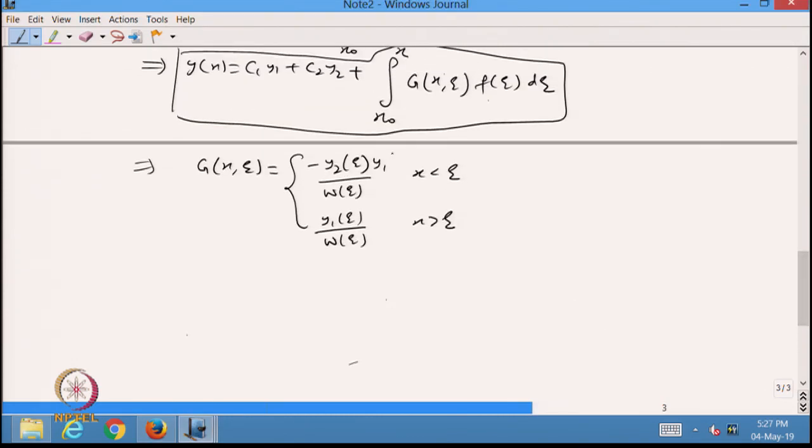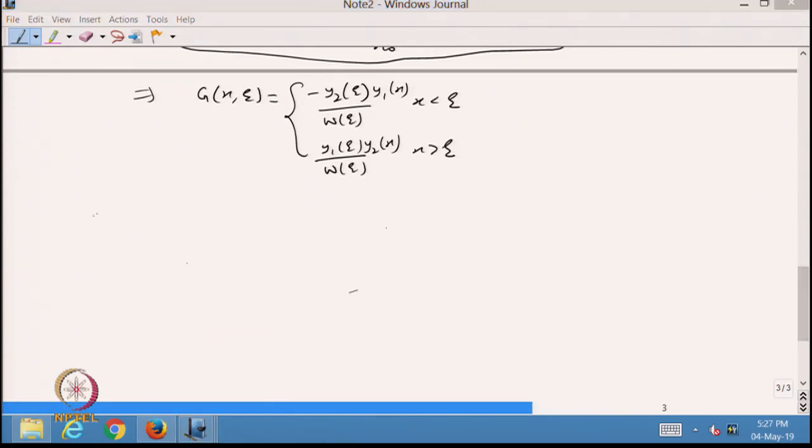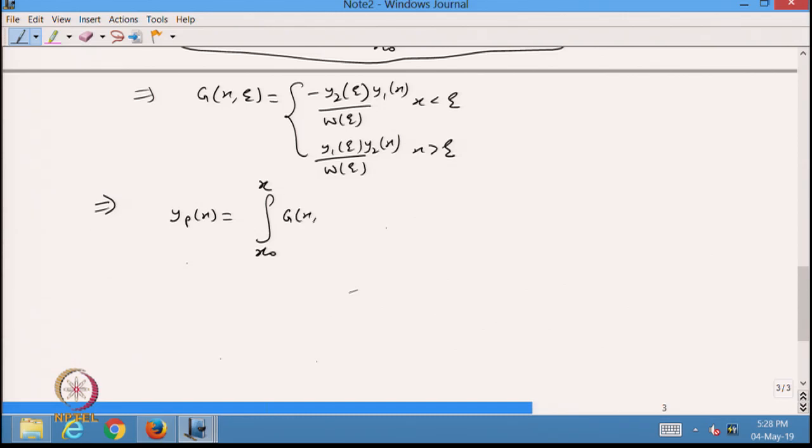From here my particular solution y_p(x) will be the integral from x naught to x of G(x, xi) f(xi) d xi. So this is the particular solution I found.